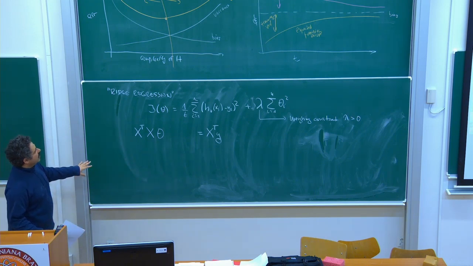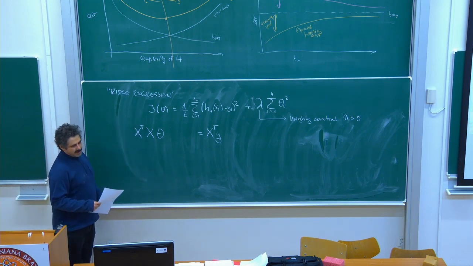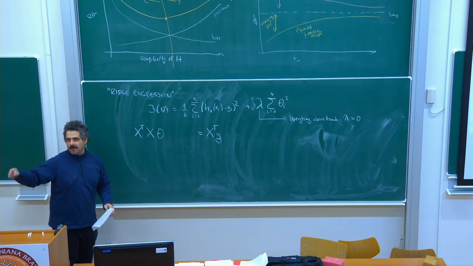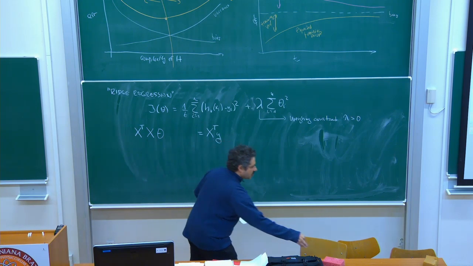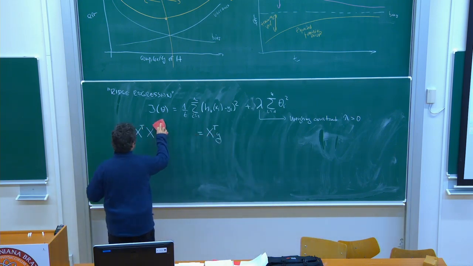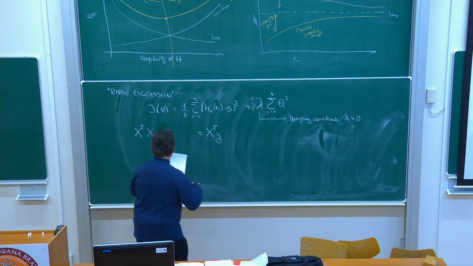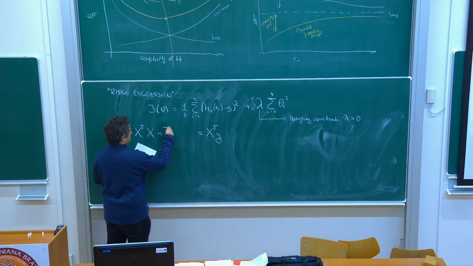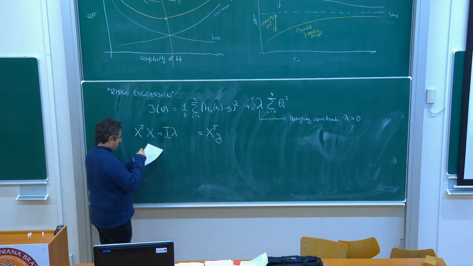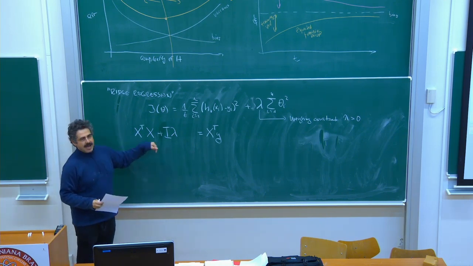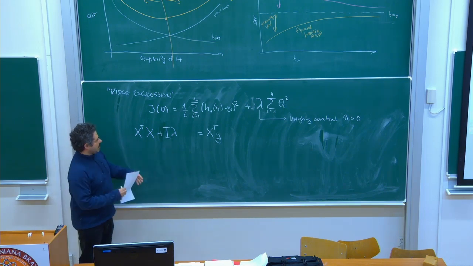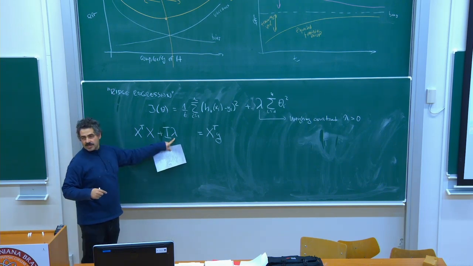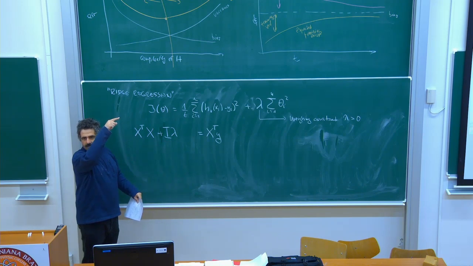So if you use this particular function and go over the computation again, you would get a slight change, where you would also add a factor lambda times I, where I is the identity matrix. Lambda is just a number, so you get one matrix that has diagonal lambdas on it, and that's it.